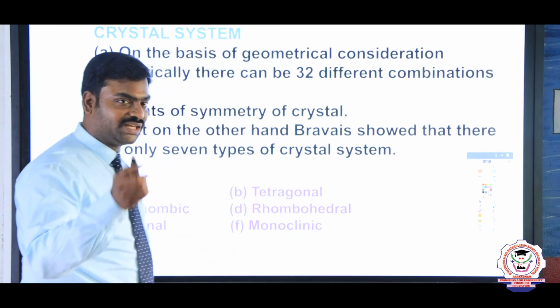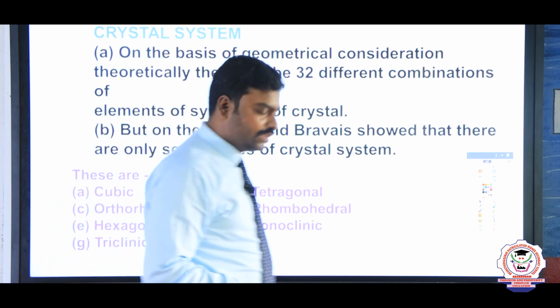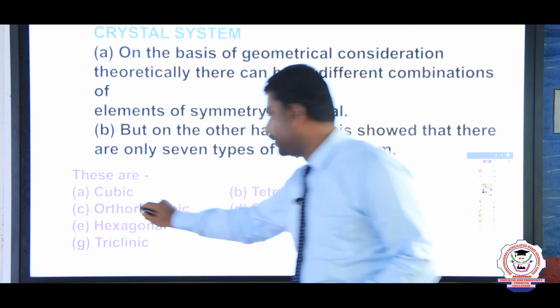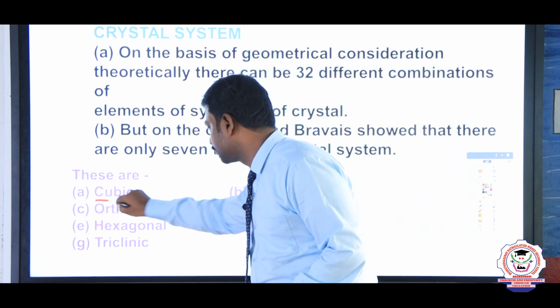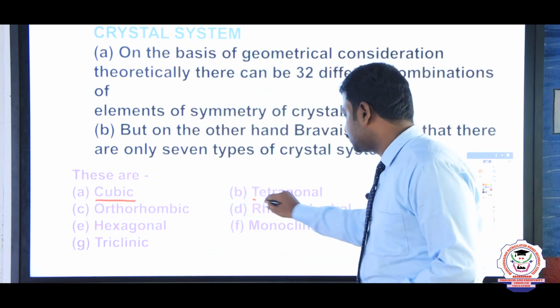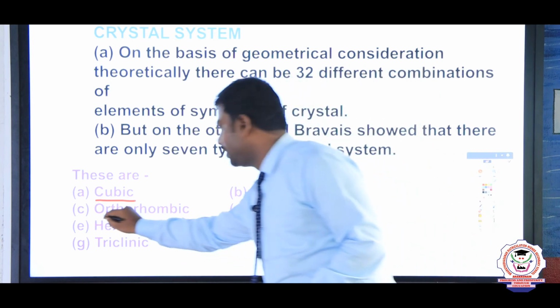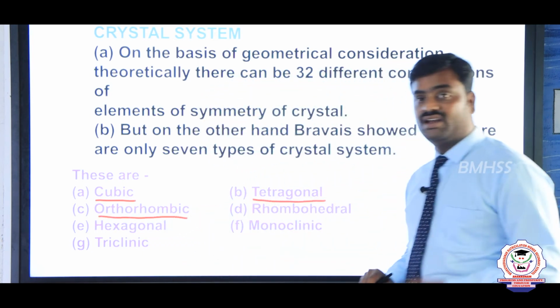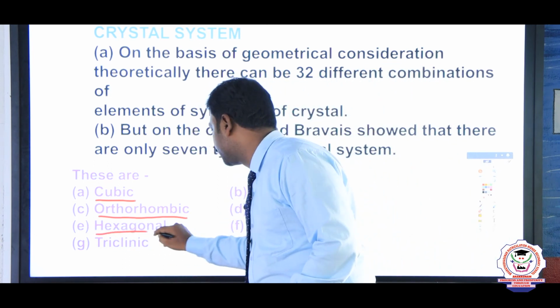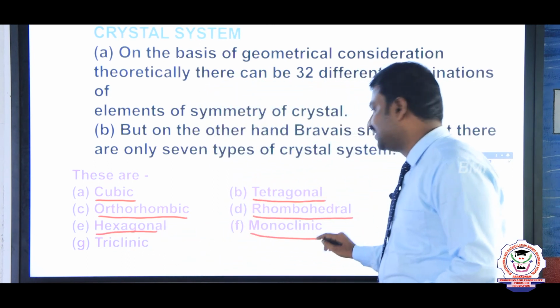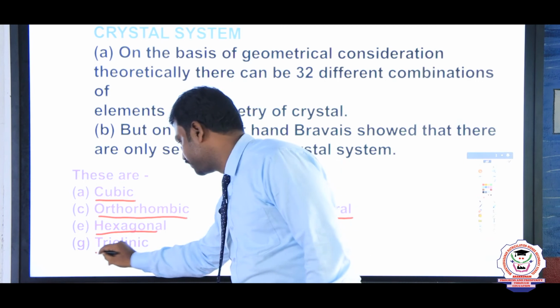What are the different types of unit cells? They are cubic, the first one, the next ones tetragonal, orthorhombic, rhombohedral, hexagonal, monoclinic, and then the final one, triclinic.